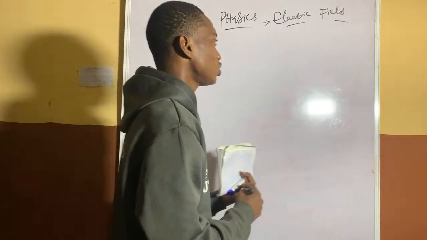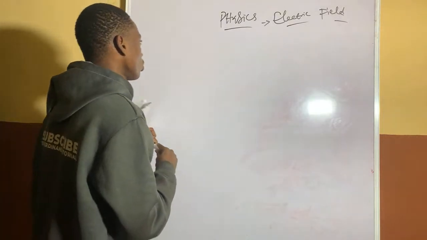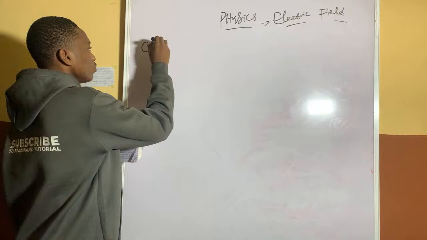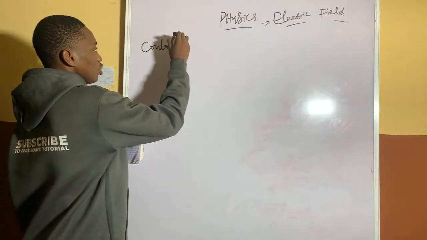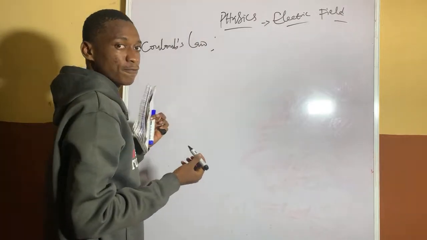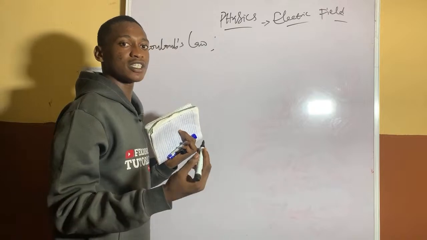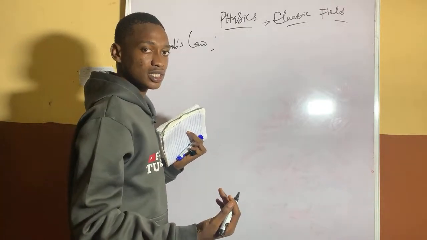Now, first of all, I want to explain what we mean by Coulomb's law. Mathematically, we're saying that force is directly proportional to the product of the charges and inversely proportional to the square of the distance between them.